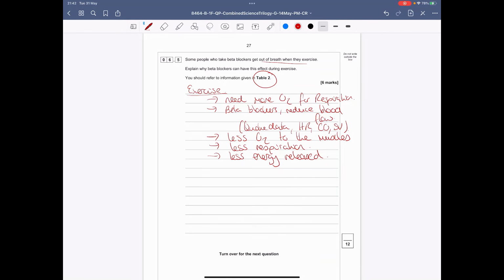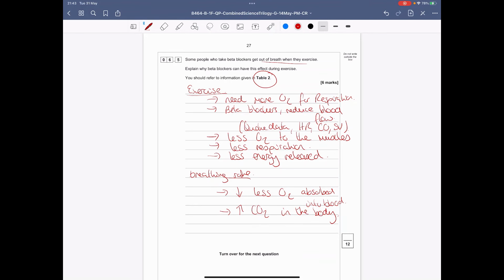You could then link it again to the breathing rate. If your breathing rate is slower, you would have less oxygen being absorbed into the blood. Okay, you would also then have more CO2 in the body, which we don't want and doesn't help us exercise.